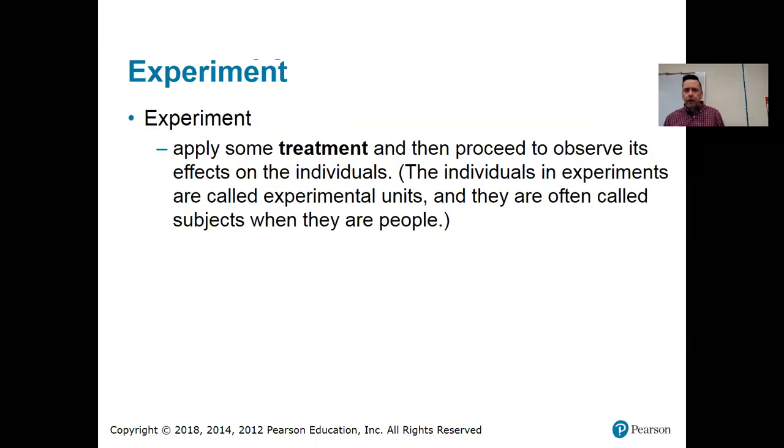They start with experiments. So in an experiment, you apply some treatment and then proceed to observe its effects on the individuals. These individuals are called experimental units. If they are people, they are often called subjects.